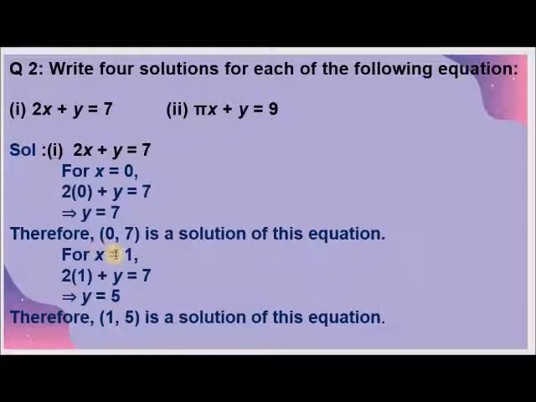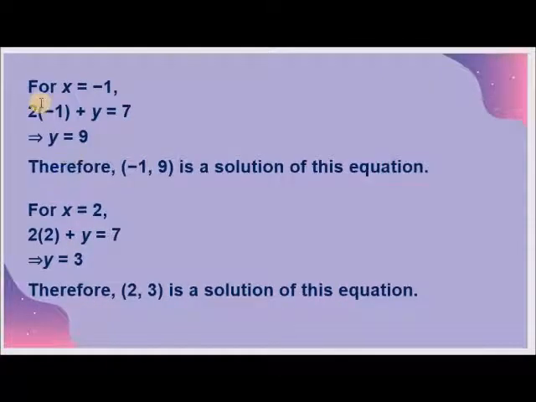Now for x equal to 1, we are putting the value of x as 1 in the equation. So 2 multiplied by 1 plus y is equal to 7. So 2 ones are 2. If this shifts over this side, then it becomes negative. So y is equal to 7 minus 2, which is equal to 5. Therefore, (1, 5) is the solution of this equation. Fine.